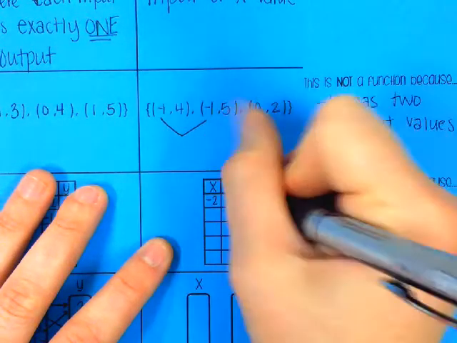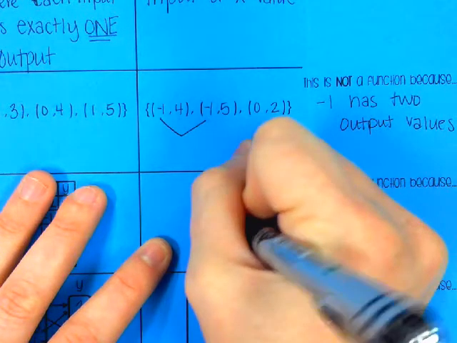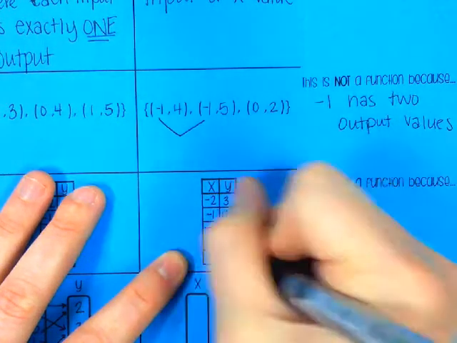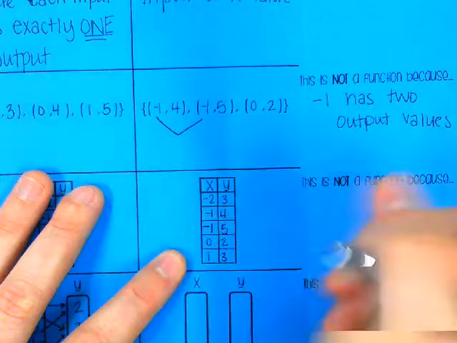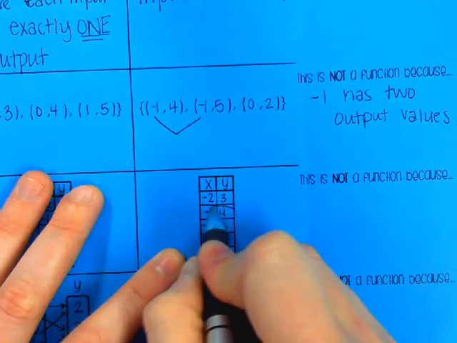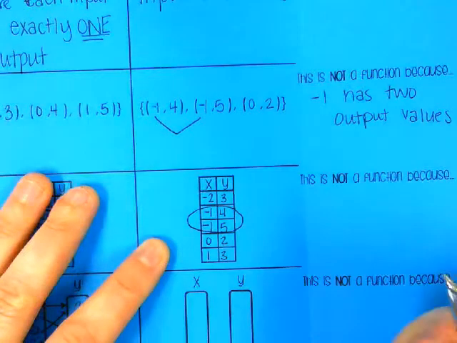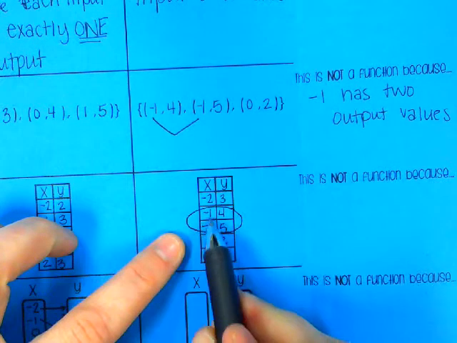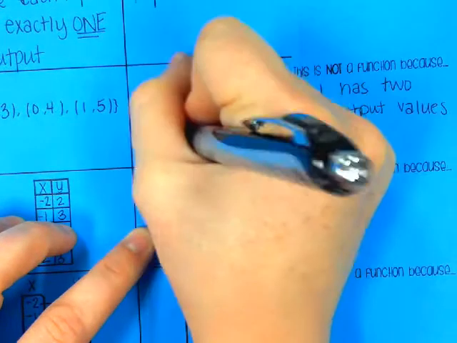Okay. Now this table, -2, 3, -1, 4, -1, 5, 0, 2, and 1, 3. So the part on this one that makes it not a function is this right here. If you look at that table, the -1, 4, -1, 5, since it has 2 x values with different y values, it is not a function.